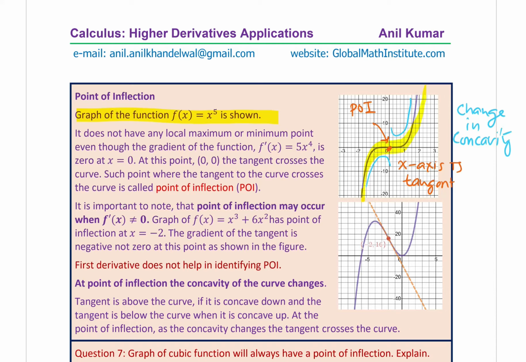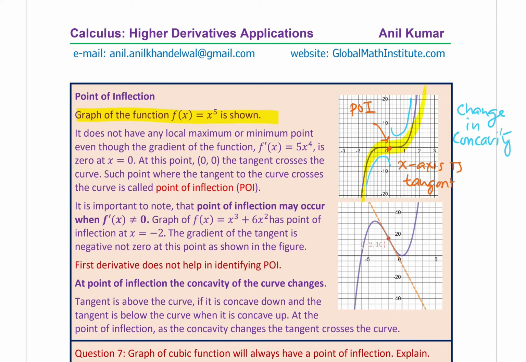So basically, two things are important to understand a point of inflection. One, concavity changes. The other one, the tangent crosses the curve. Perfect. So let's read further. It is important to note that a point of inflection may occur when f prime x, or the derivative, is not equal to 0.